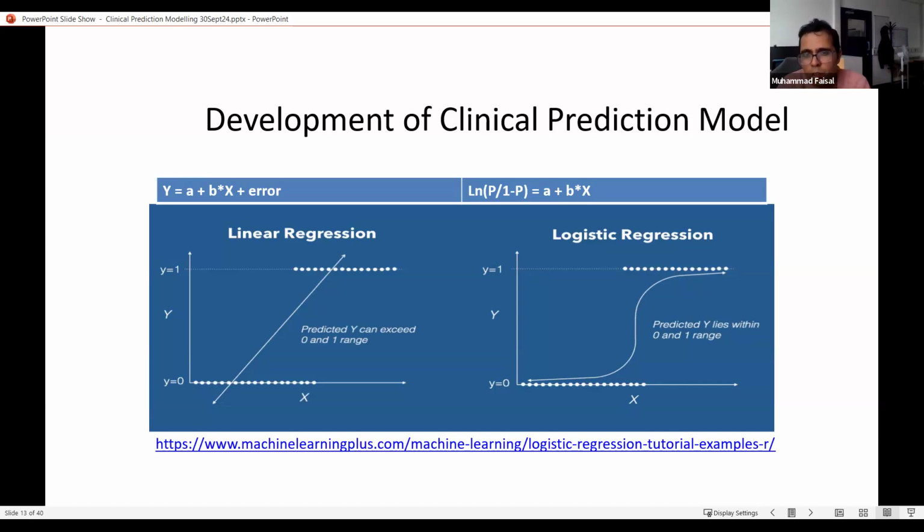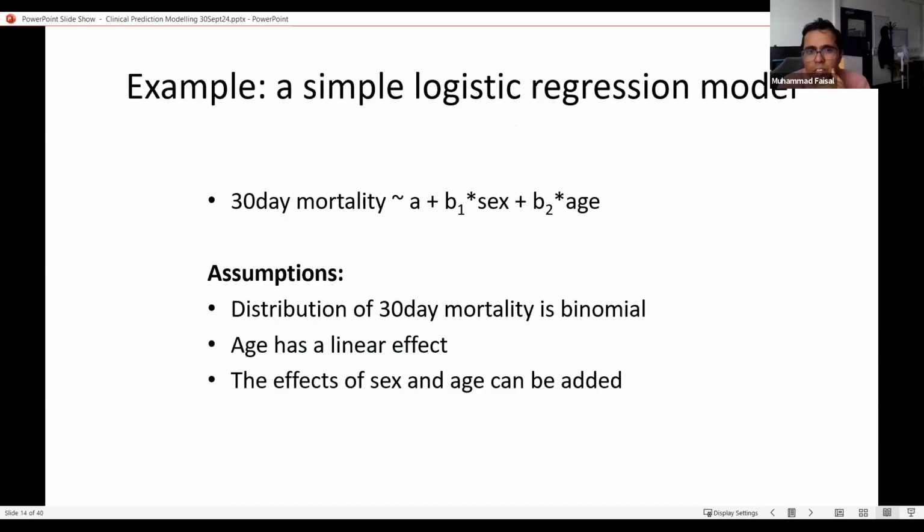I will give you examples of logistic regression, but there is no harm in going to the fancy names. In simple words, let's say we would like to predict 30-day mortality in hospital based on gender and age. Those are the only two factors we would like to consider.